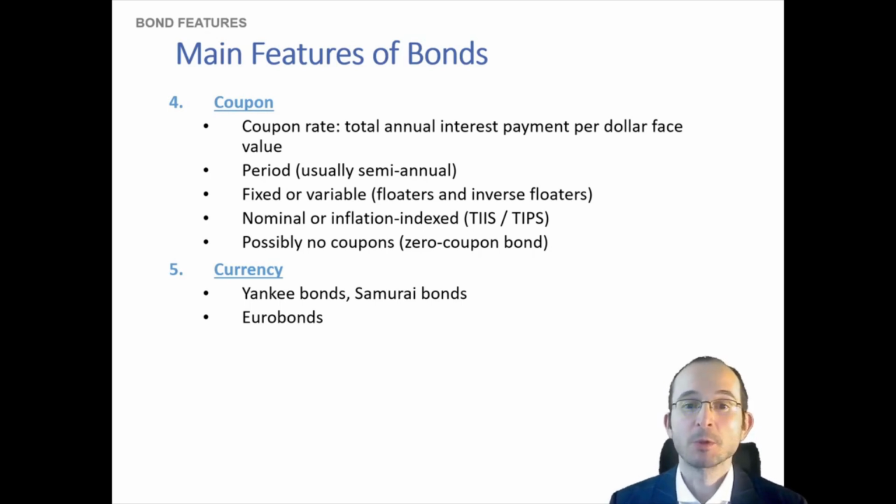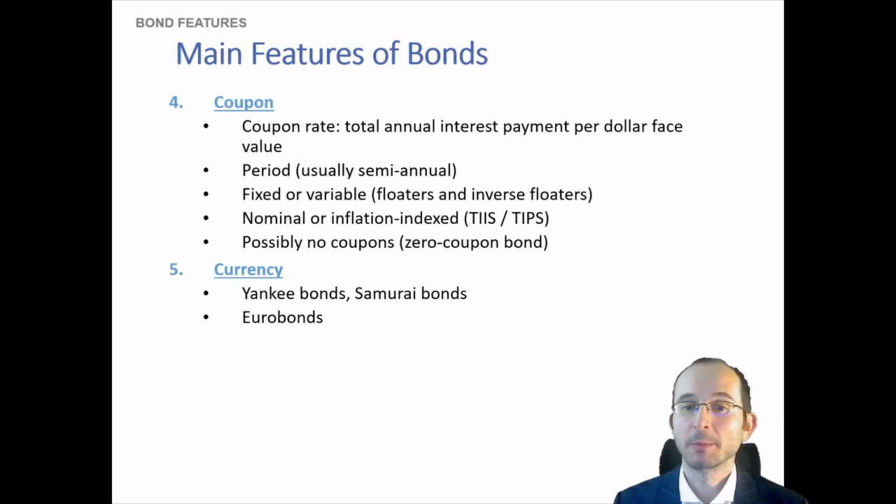Now, the other thing is, of course, what currency the bond is denominated in. We talked about in the financial assets lecture about Yankee bonds and samurai bonds, the idea that you could have a company that is domiciled, let's say in Europe, but they want to market their securities, their bonds, to either investors in Japan or in the US.